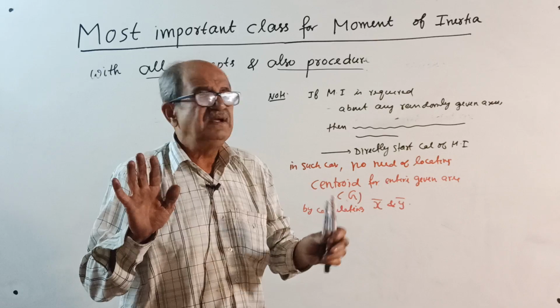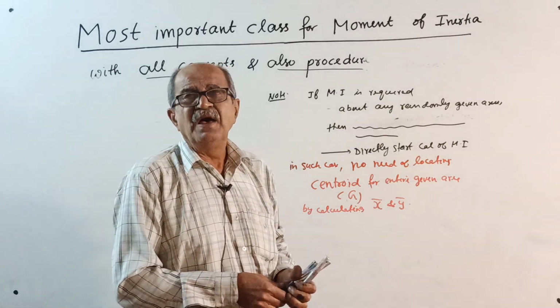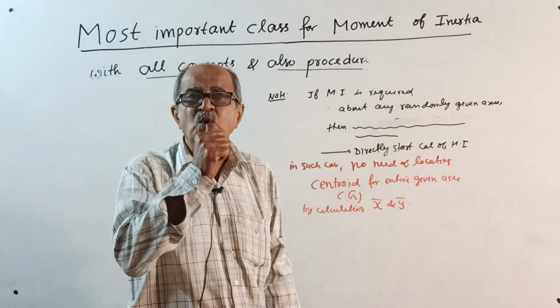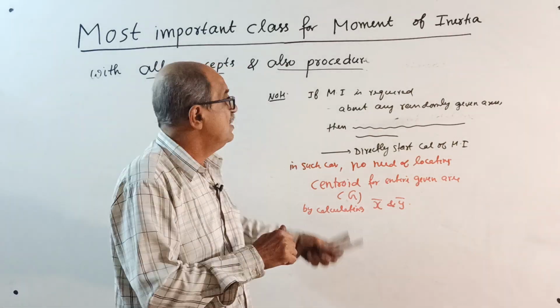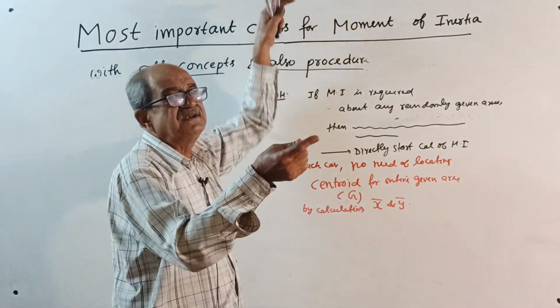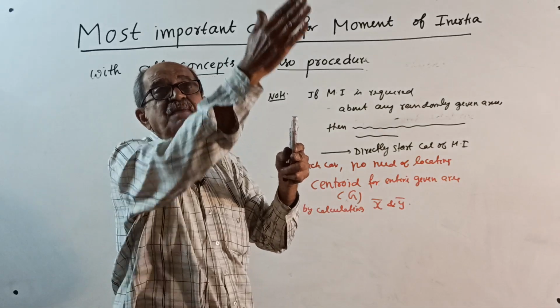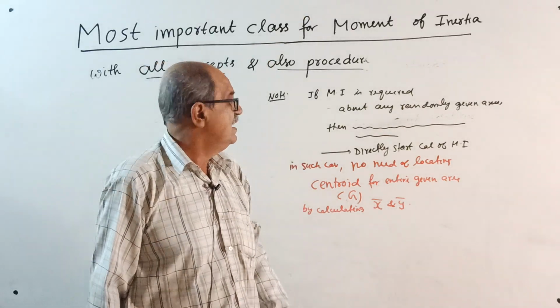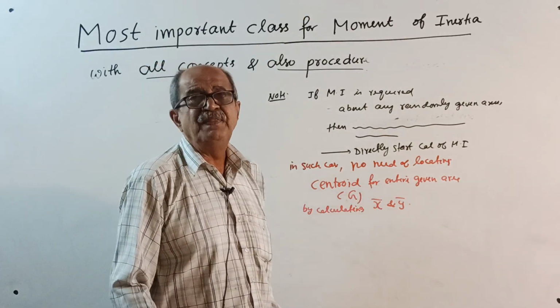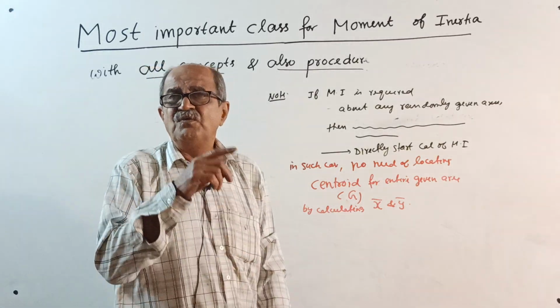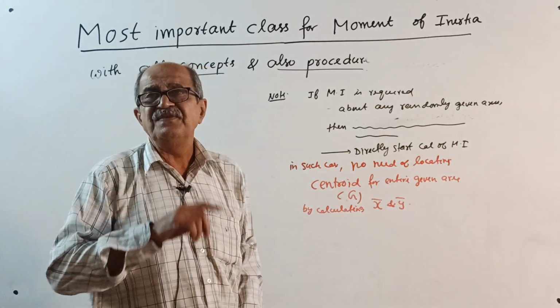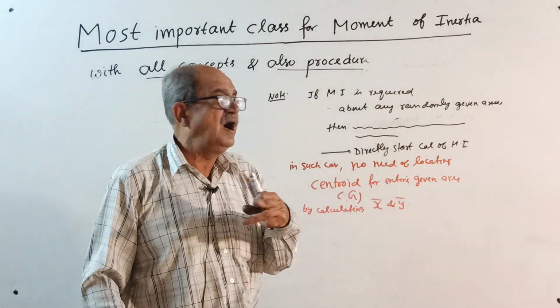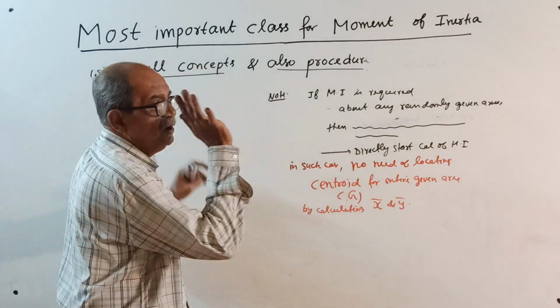Just ignore it. Someone will ask, sir, you have not done x bar, y bar. Who asked you x bar, y bar? They want moment of inertia about that axis A, B. Then why do you want x bar, y bar? X bar, y bar will come when they want moment of inertia about the centroidal axis for the entire given lamina or area. So directly start, one note.